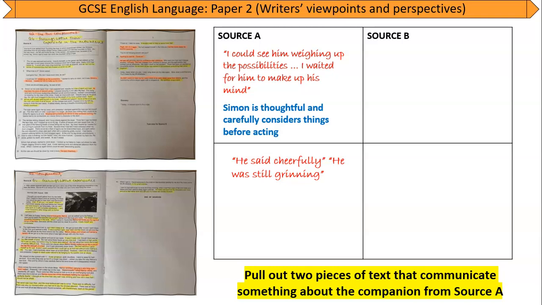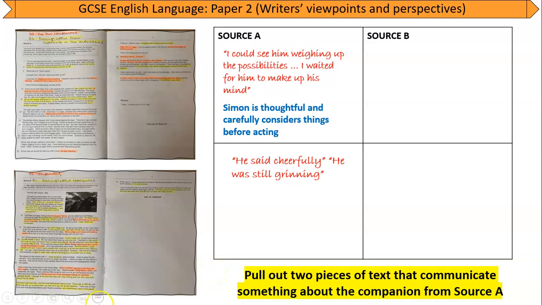So I'm thinking he's weighing up possibilities. The climber Joe is having to wait for Simon to make up his mind. He's clearly thinking about things before he makes a decision. So I'm going to interpret that and I'm going to say, Simon is thoughtful and he carefully considers things before acting.